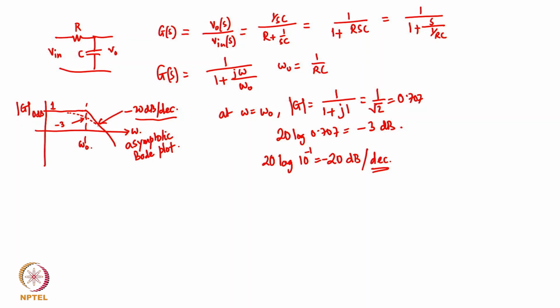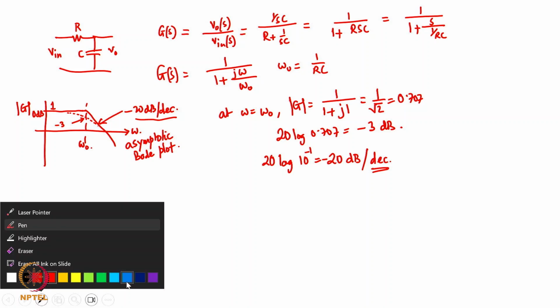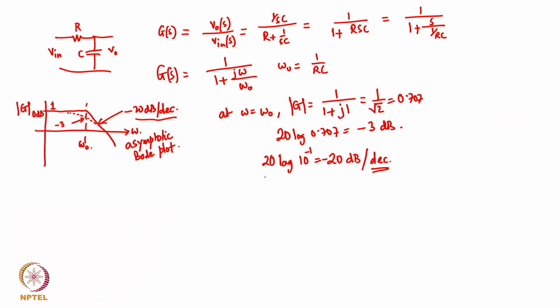When you have two poles, then of course you will change this one, and suppose you have minus 40 dB per decade. What does this mean? It implies that you are moving 10 times on the omega axis, and you are falling 100 times on the y-axis.